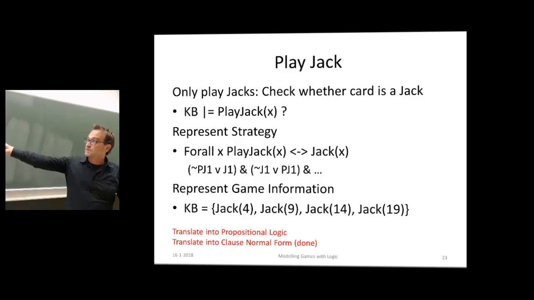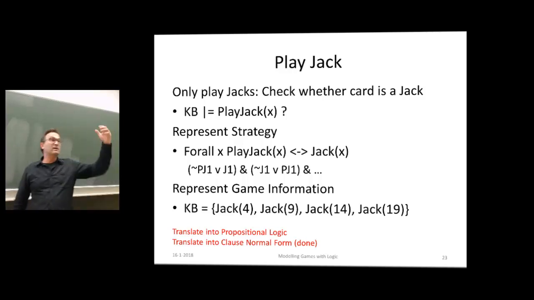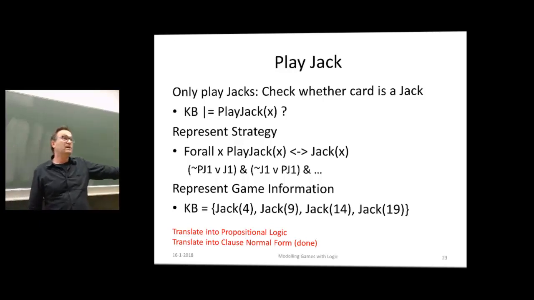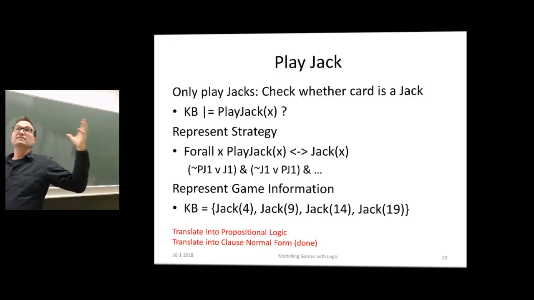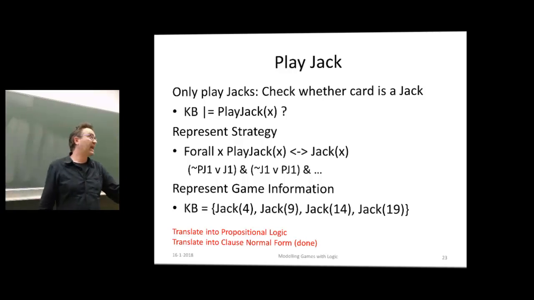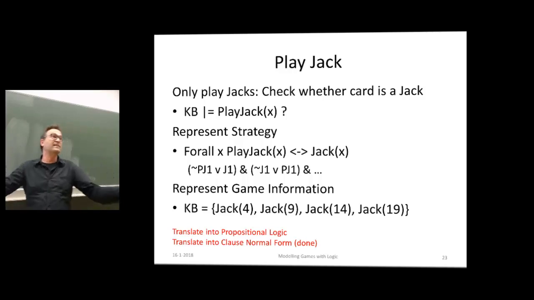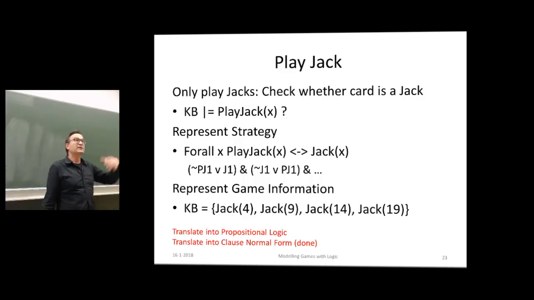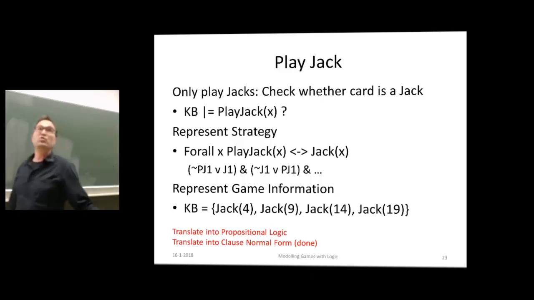And so what does it mean? I want my knowledge base to entail the formula play Jack of the card that I'm checking for. And I want this to be true if the card X is a Jack, and I want it to be false if it's not a Jack.